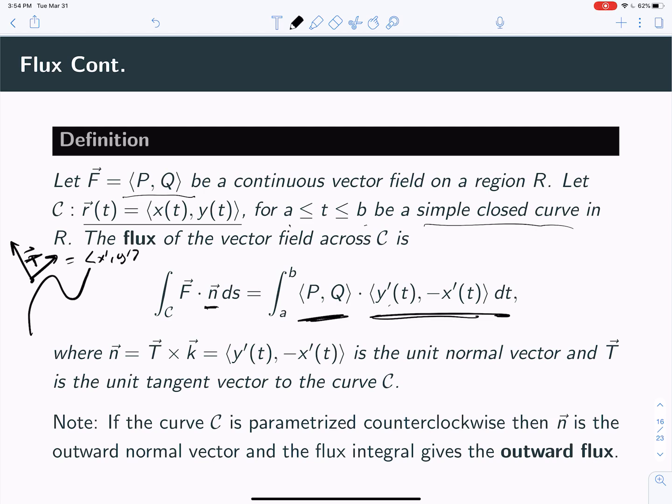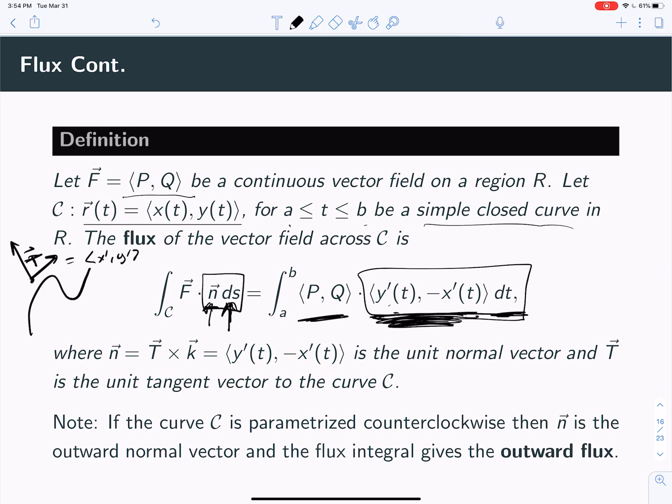And this is not a unit normal vector, but it's the same thing where the normal vector ds is equivalent to this y prime comma negative x prime dt. The length is packaged up in the dt, whereas here the length is packaged up in the ds, and this is unit length.